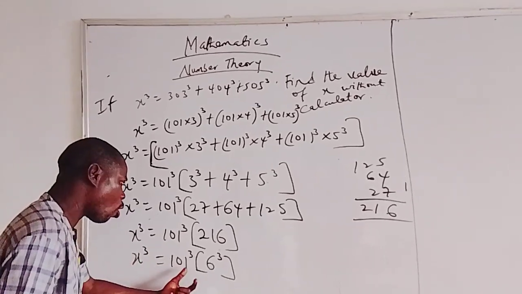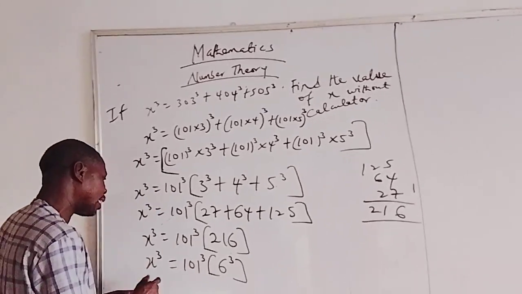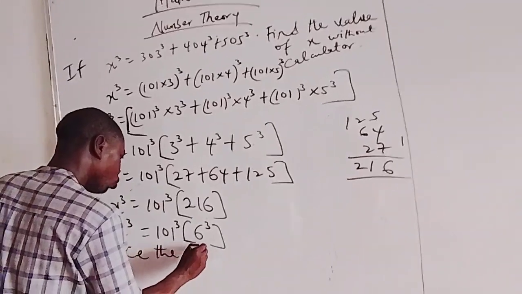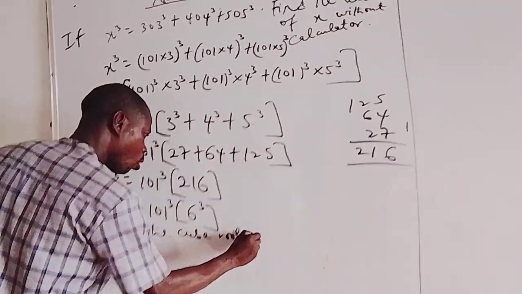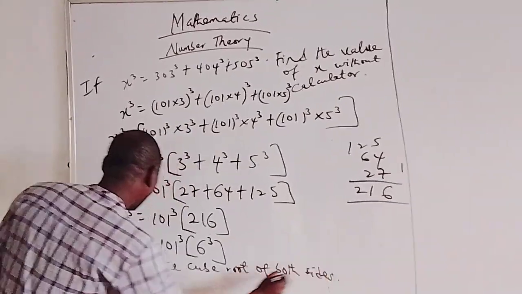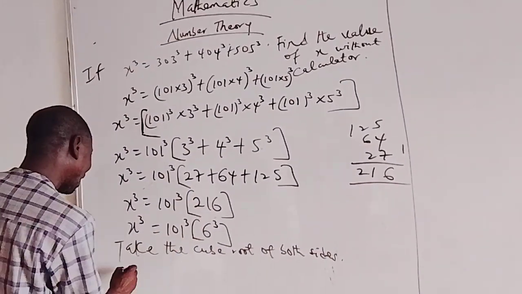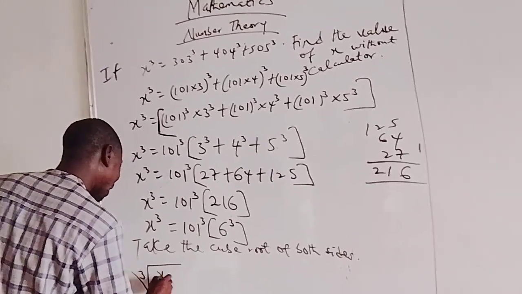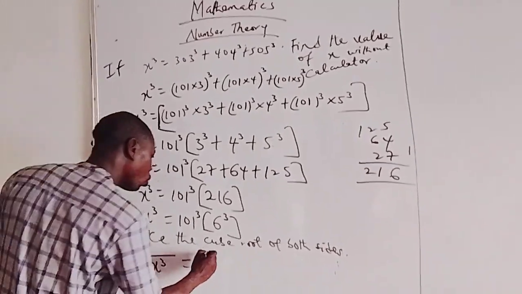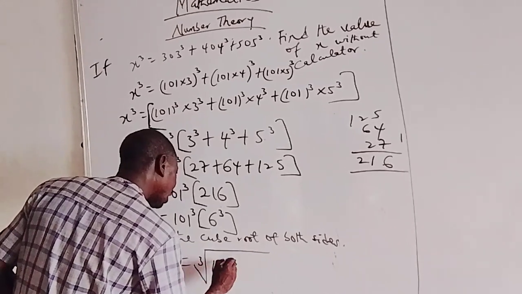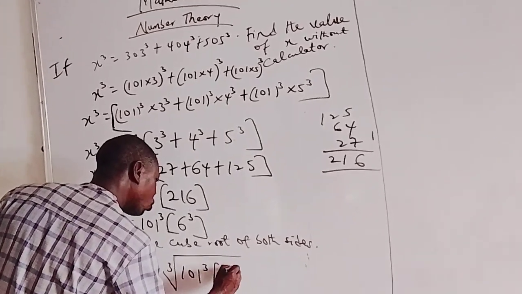Since x cubed is equal to this expression, then take the cube root of both sides. So if the cube root of both sides is taken, we now have the cube root of x cubed is equal to the cube root of 101 to the 3 into 6 to the 3.